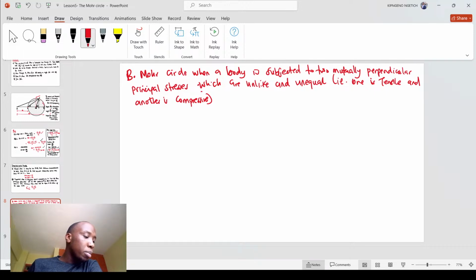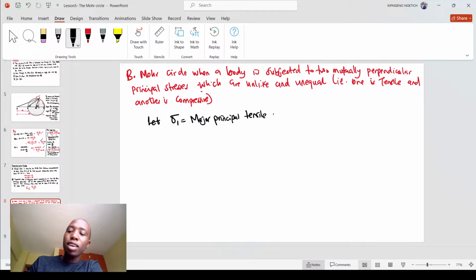So with the same data that we have, let's say stress 1 is the major principal tensile stress.